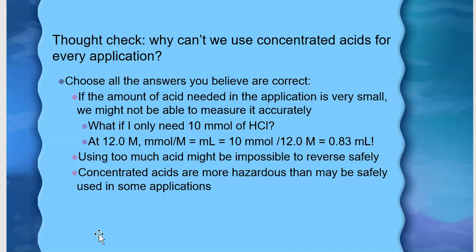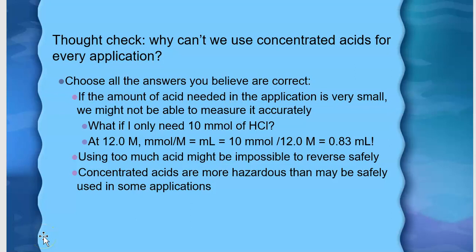So I could maybe use twice as much acid as I need. Now I need 1.6. Well, using too much acid might be impossible. We might not be able to neutralize it safely, or if I put too much acid in, I get side reactions I didn't want.